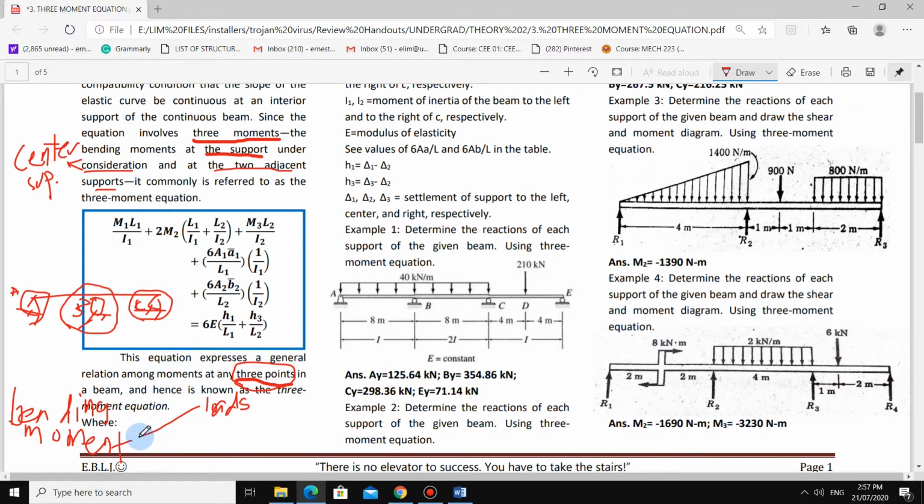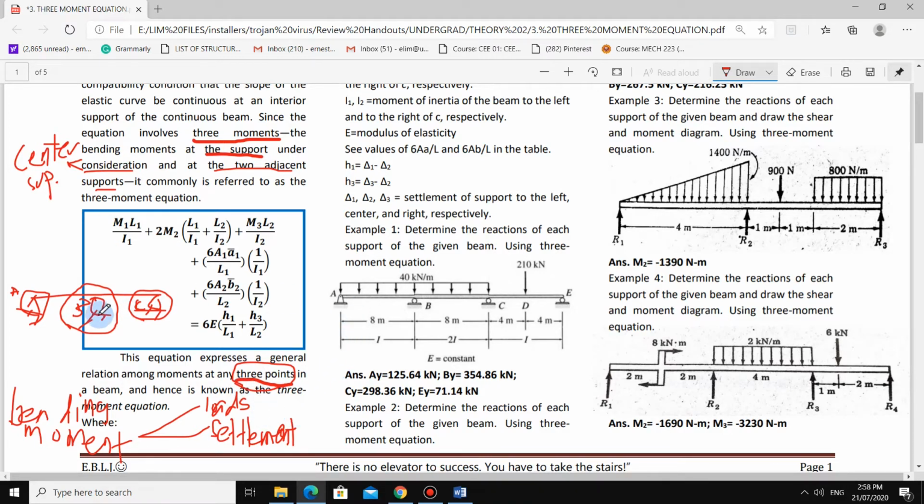Then the second is due to support settlements, maybe from fabrication errors. Remember in our first topic, the advantages and disadvantages of indeterminate beams, one disadvantage is that once there is a settlement, there is normally an additional moment.